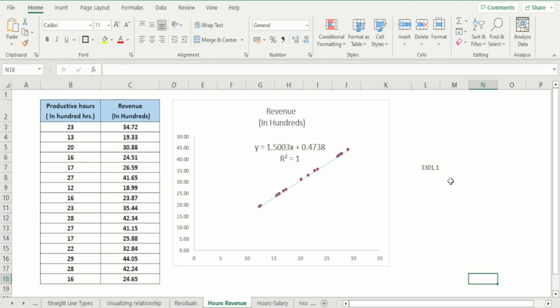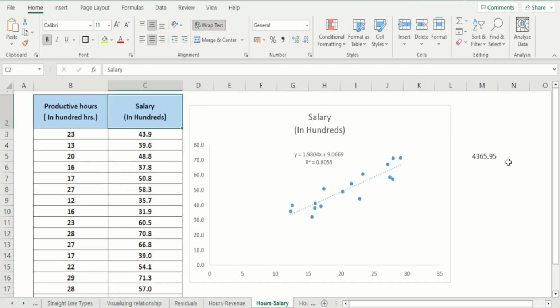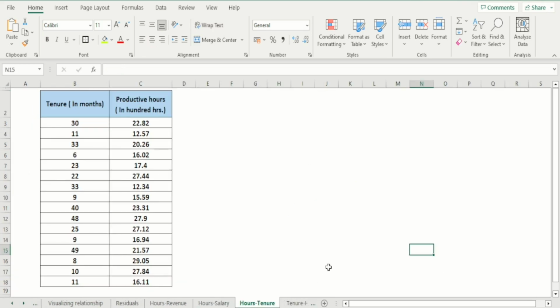There, 100% of the change in revenue was explained by productive hours, making it an ideal perfect linear relationship. Generally, in real life, you will not see these kinds of relationships. And again, 80.55 is fairly strong. So let's move on to another example.